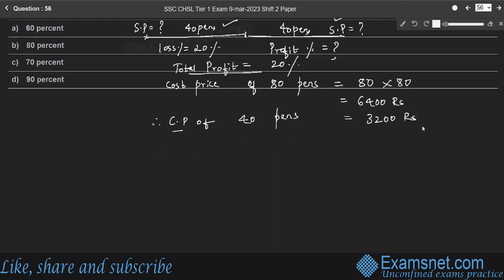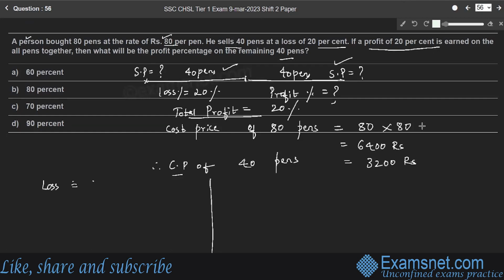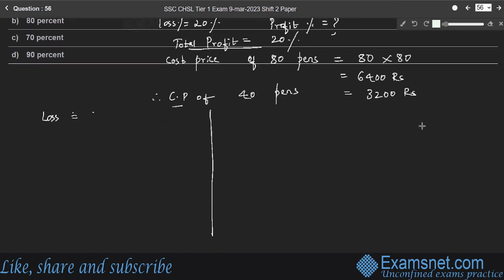Now consider two cases, the case of loss and profit. So let us consider the loss case. He sells 40 pens at a loss of 20%, right? Here loss percentage is 20%, and cost price of 40 pens is 3,200 rupees.